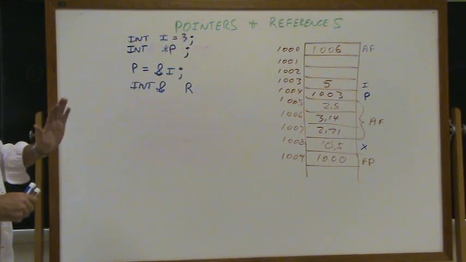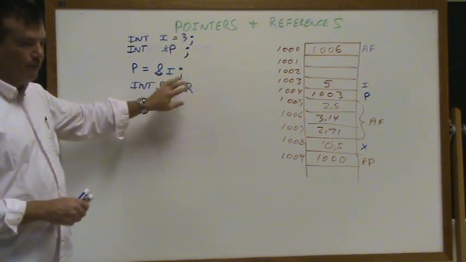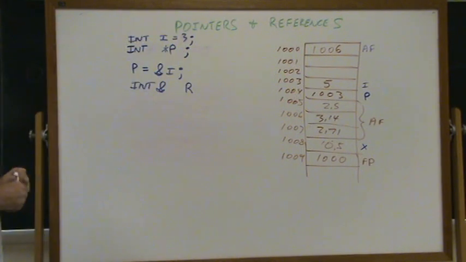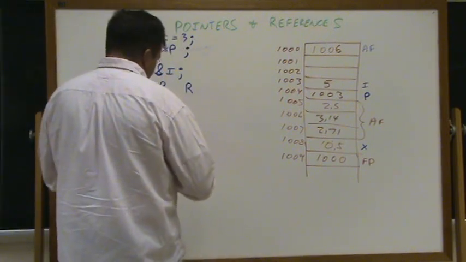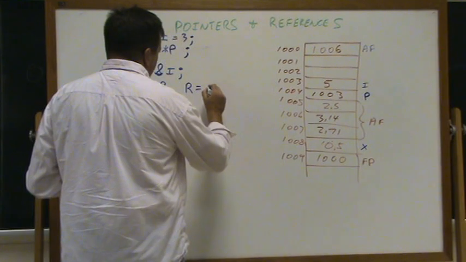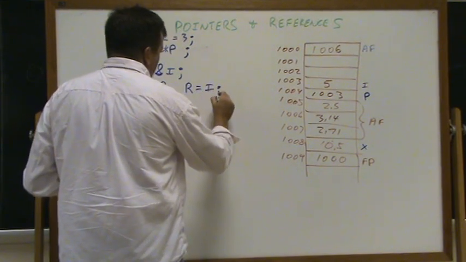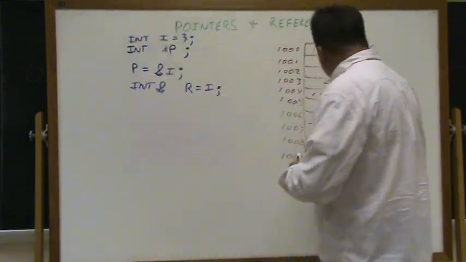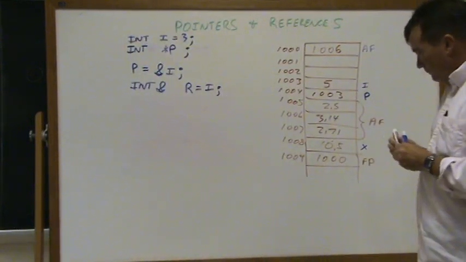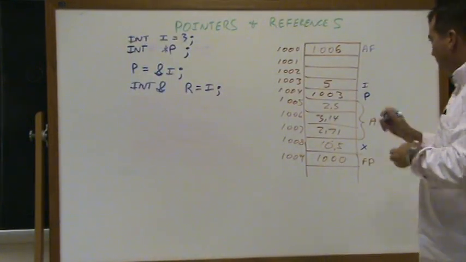In Java or C Sharp, you can declare a reference and then assign it later on. You can't do that here. What we could do is go like this. And what does that do? That just means R is another name for the piece of storage that I is on.